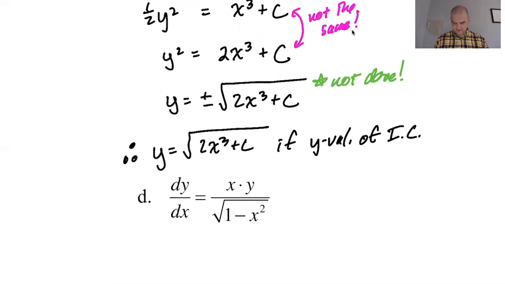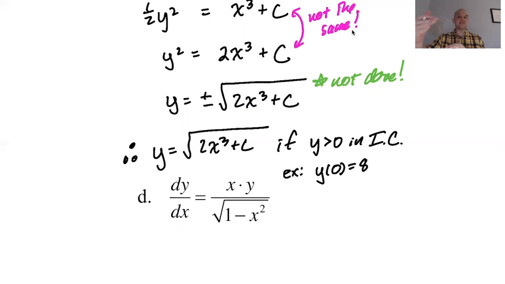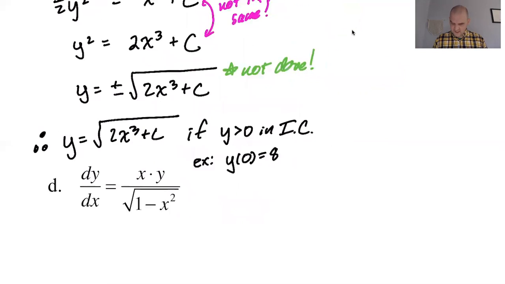Let's say, I'm having trouble verbalizing this. Basically, if the y value in the initial condition is greater than 0, like, say you were given, for example, y of 0 is 8, you would have to pick the positive square root because you need to get positive values out of your function.